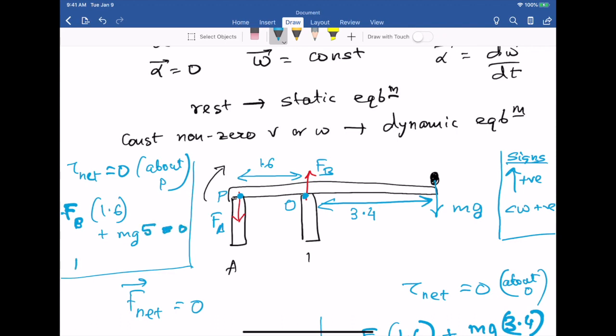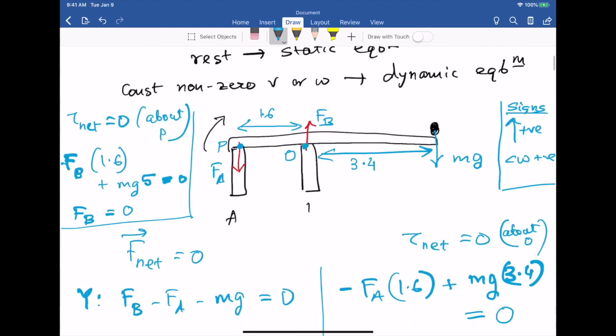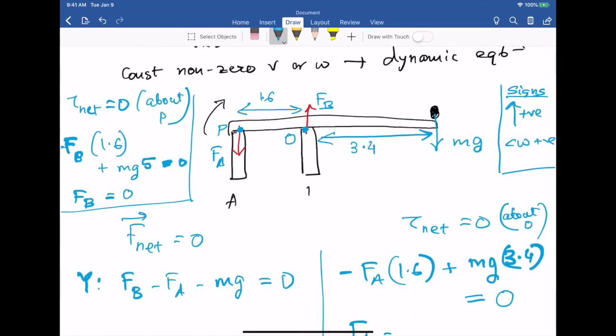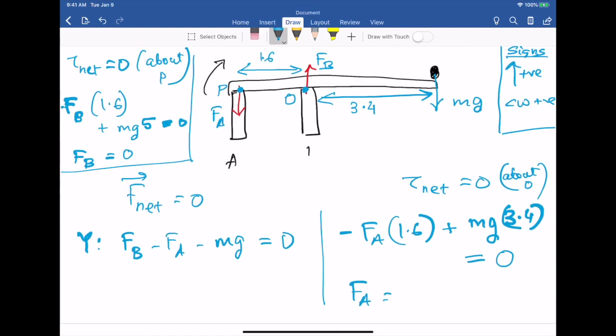And so from here you can just directly solve for Fb. And obviously if you solve for Fb from here and Fa from the other torque equation, they will satisfy the first equation, Fb minus Fa minus mg equals 0. So you can use any two of these equations to solve for Fa and Fb.